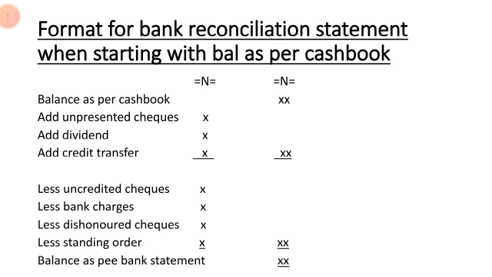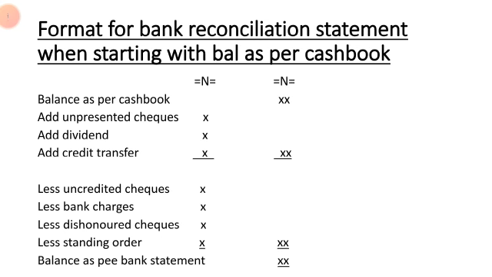All such credit transfers are added. Then you have a balance as indicated by the double star. Then you less your uncredited checks.